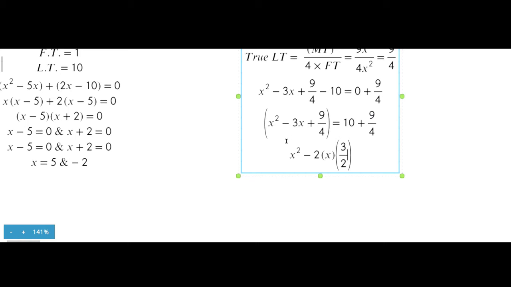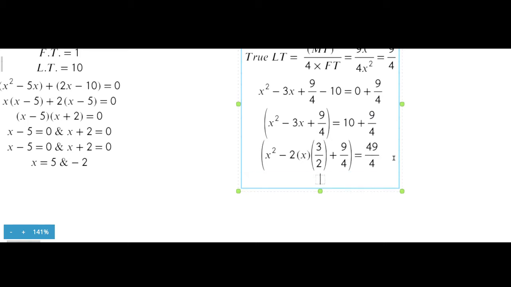As you can see, it is giving you 3x, in case you cancel out this number 2 here. That means you can now write this equation in the form of a plus or minus b whole square. Let's put the bracket, is equal to, now this 10 plus 9 by 4 will be equal to 49 divided by 4.